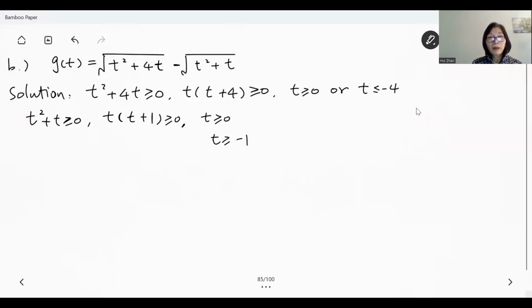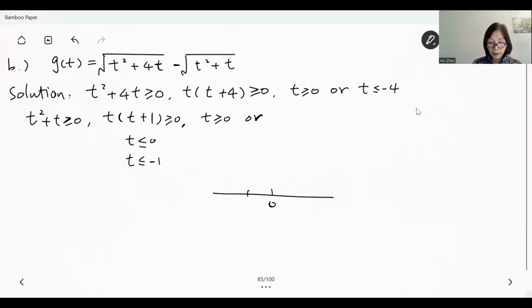So the common solution is t more than 0, right? Or if the two terms are less than 0, t is less than 0 and t is less than -1, right?